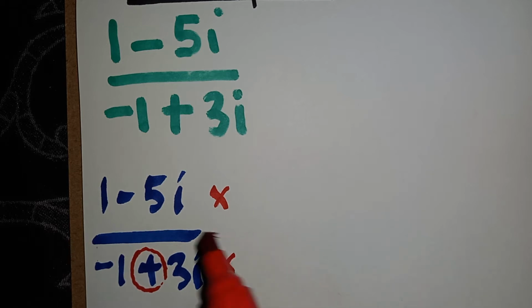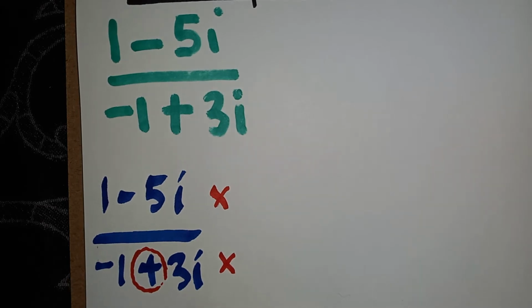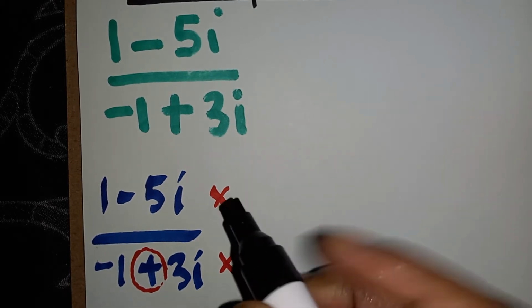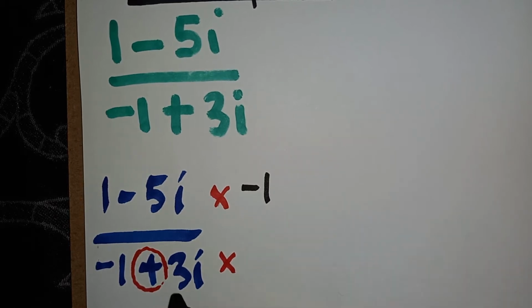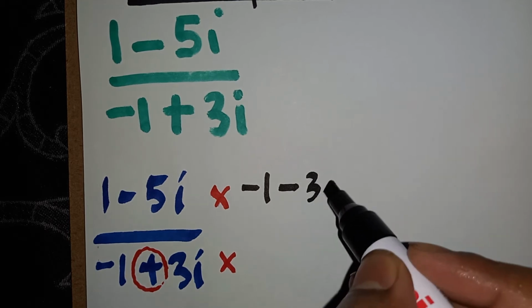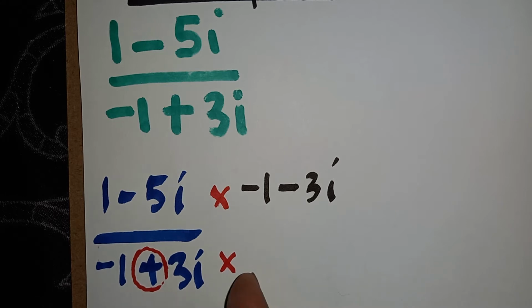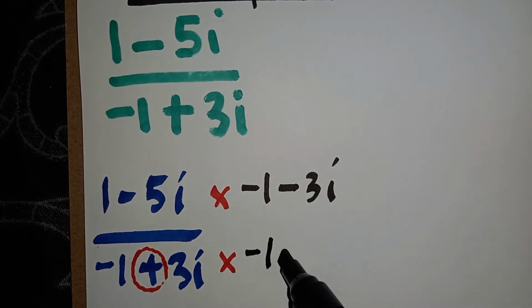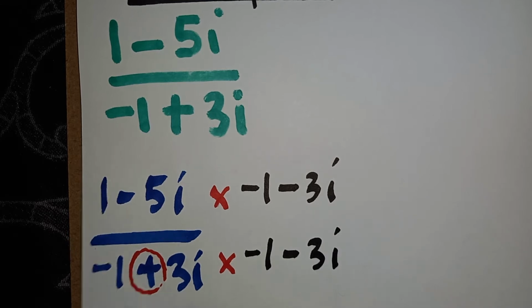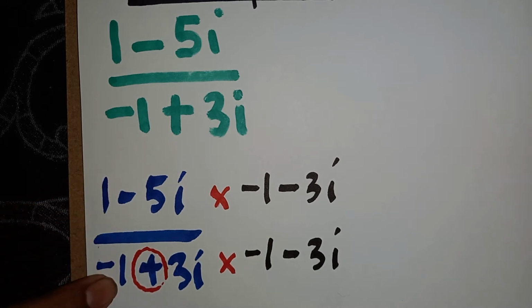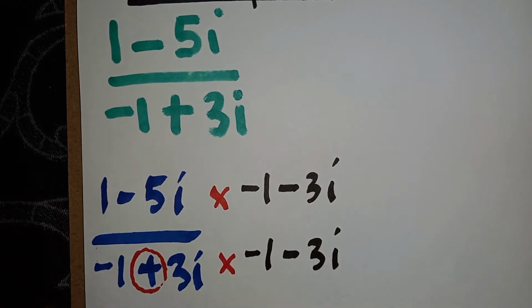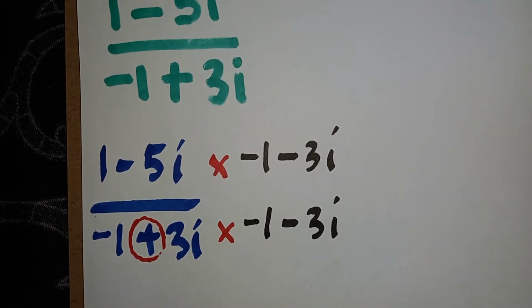So if I multiply this, I will have minus 1, and instead of plus I'm going to put a minus, and 3i. Now that becomes the conjugate of the denominator. Likewise, I'm going to multiply this one by the conjugate of the denominator. That is what we mean by multiplying both the numerator and the denominator by the conjugate of the denominator. Now from there we can carry out the steps.